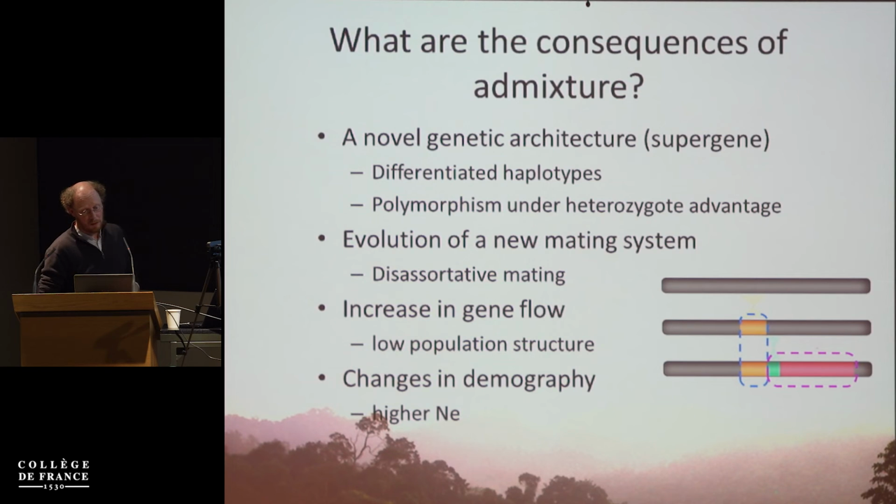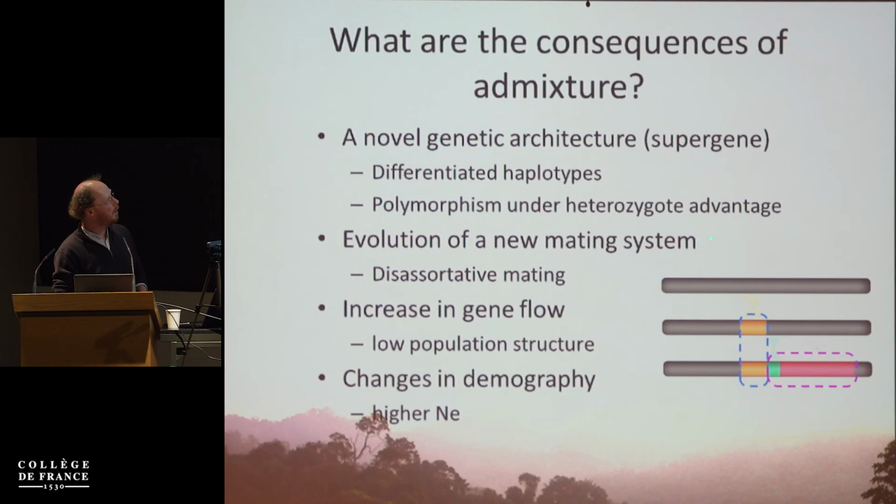So what are the consequences of admixture? We've seen that there's been a novel genetic architecture, this supergene, with differentiated haplotypes, controlling all of the wing pattern differences, different from other species. And the polymorphism is maintained under heterozygous advantage, and therefore admixture has caused a balancing selection to operate in this system.